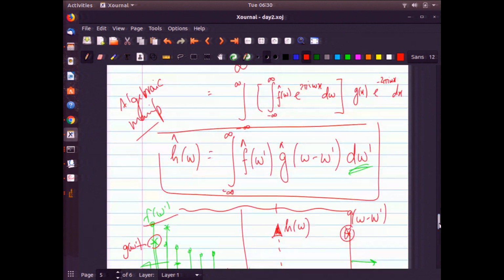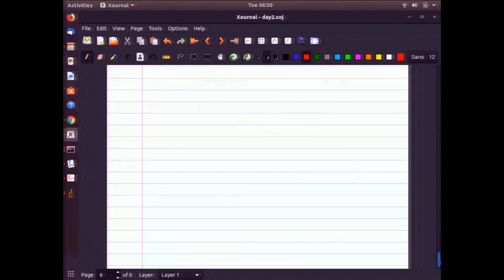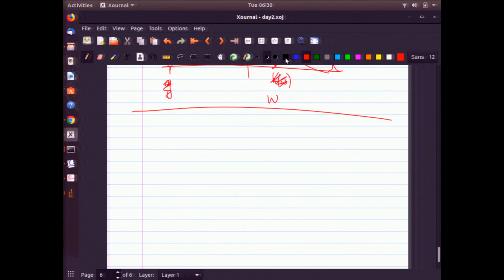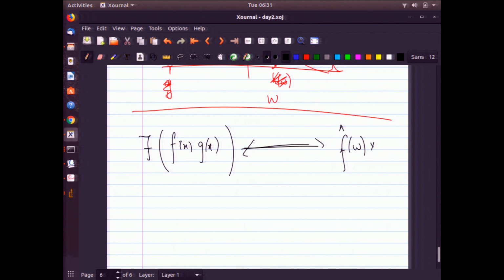Okay, anyway, so this process is called convolution. We already heard the answer, but that's what convolution is. So what we know now is if we have two functions, f of x and g of x, and we apply the Fourier transform, then we get f hat omega convolved with g hat omega. So rather than write this integral every time, we use the shorthand, the star or circle.